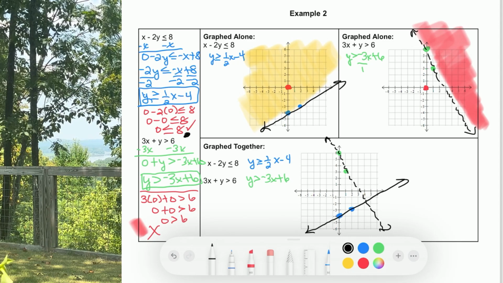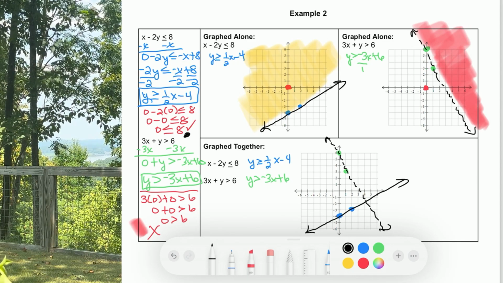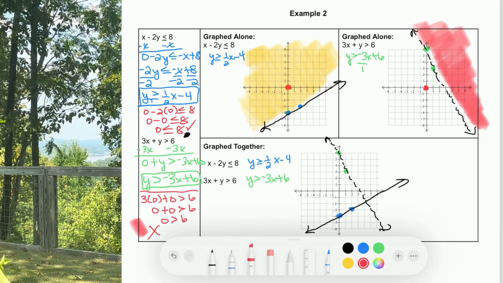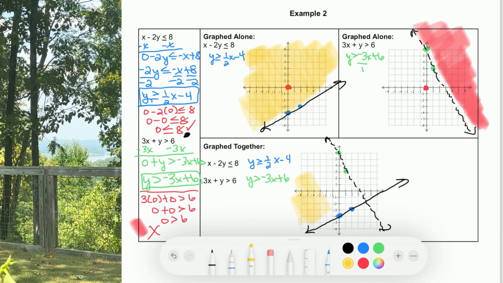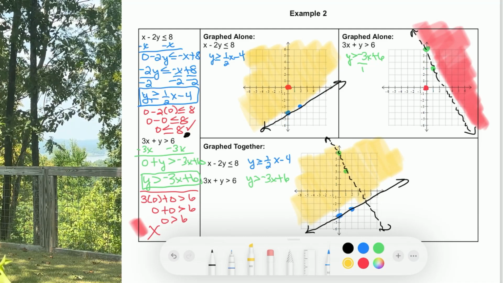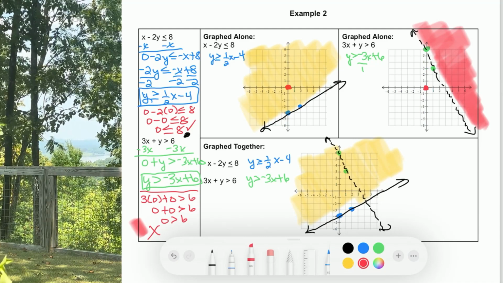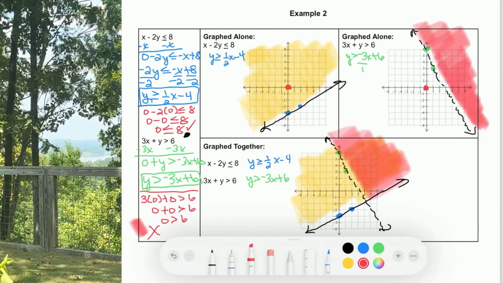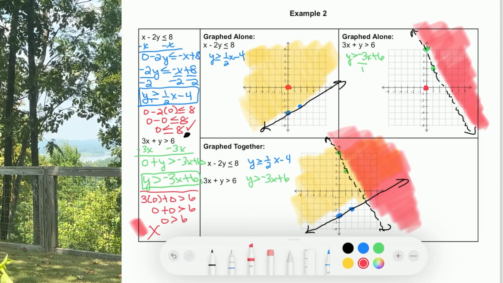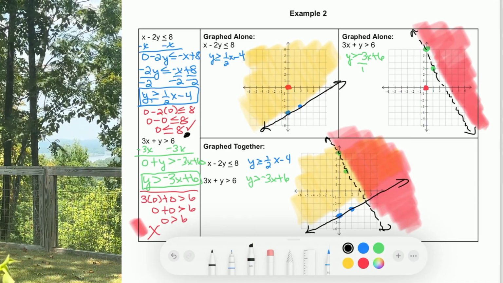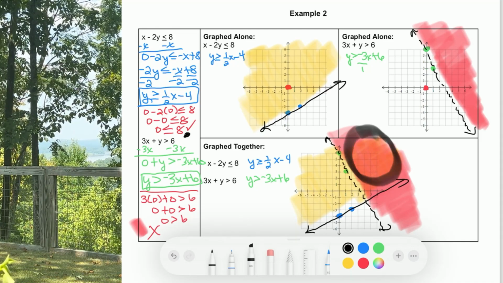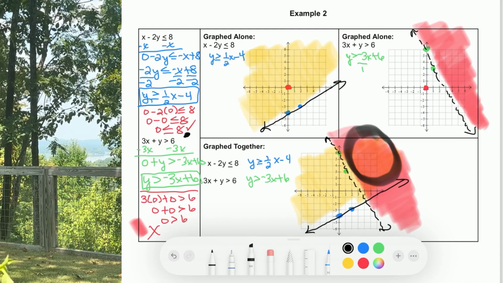So if I was to look at my shading, I have yellow here for this line, for my solid line. And then I have shading right here for my dotted line. The area that they overlap is right here. So that is where your answer will be on the computer, okay?